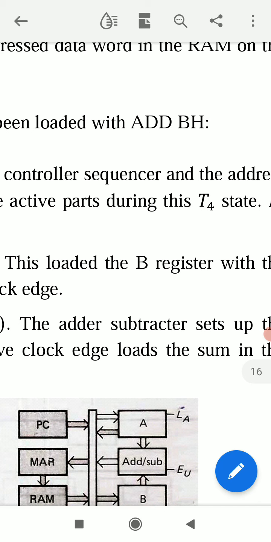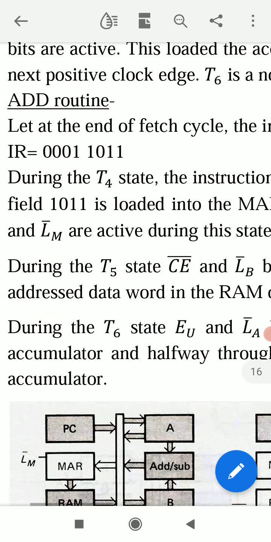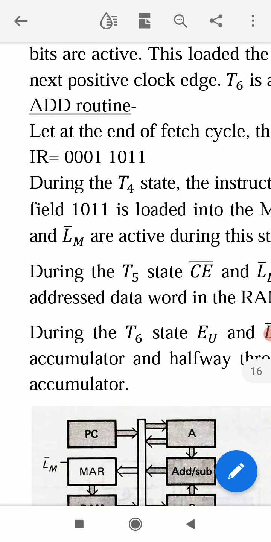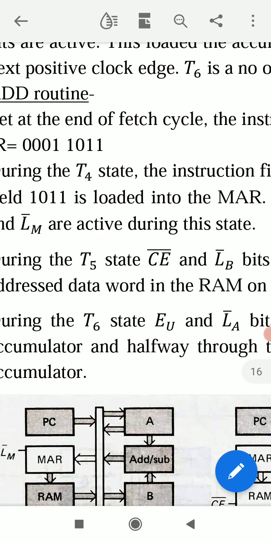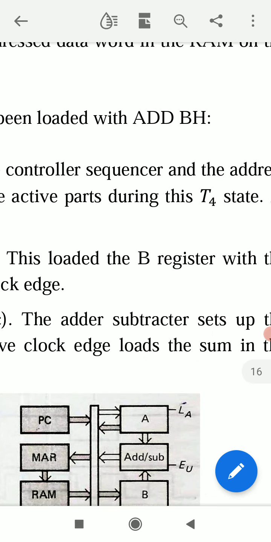It means that we want to add the content of memory location BH to the accumulator word. IR instruction register now has this 8-bit word. First left side 4 bits are 0001, it is operation code for add, and next 4 bits 1011, it is equivalent to this hexadecimal address B.